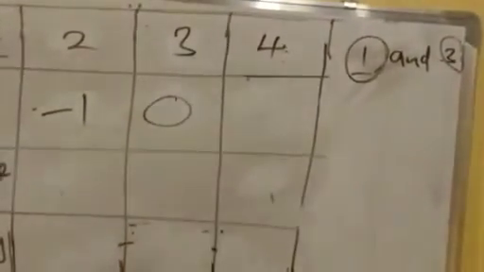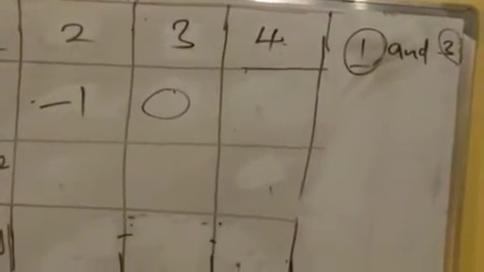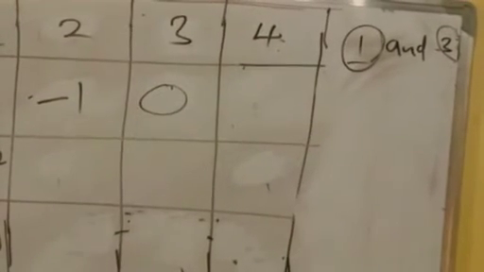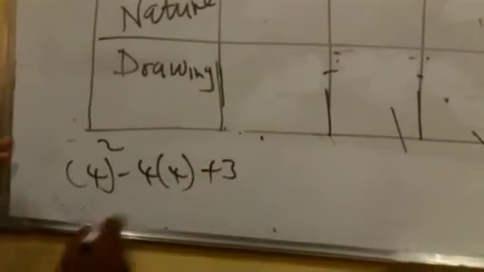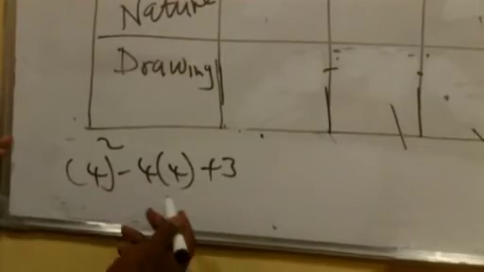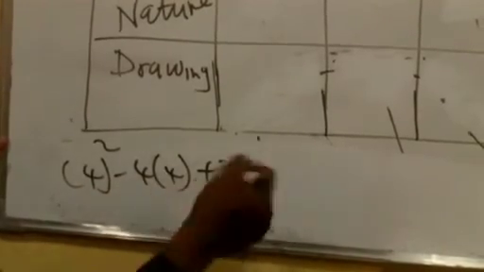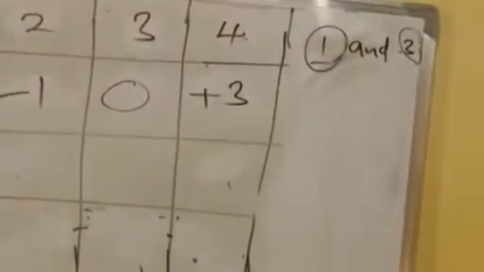The middle one will always be 0 because it's the turning point we have. And this one here is going to be 4 squared minus 4 times 4 plus 3. So this one is 16 minus 16 plus 3, so this one is positive 3.